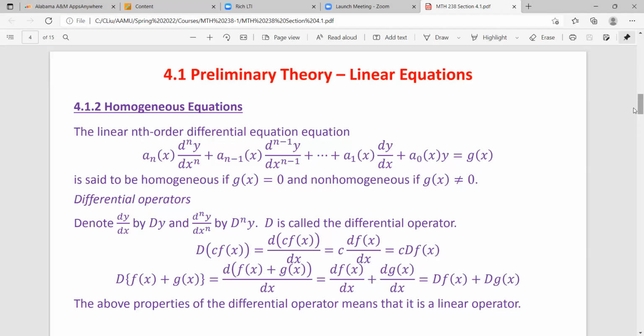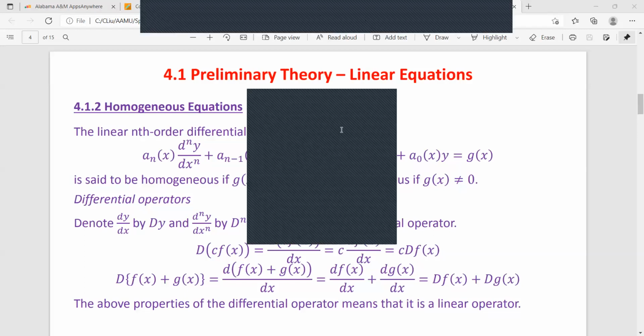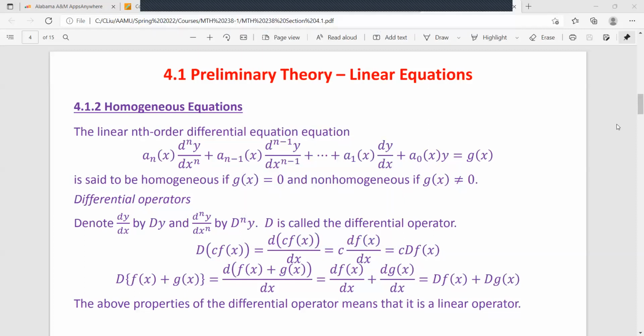And we discussed the initial value problems and the boundary value problems. And the difference is for initial value problems, the initial conditions are given for 1 point, x equal to x0.